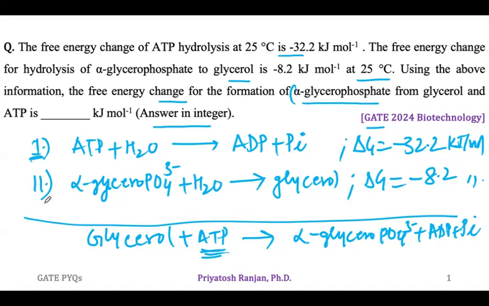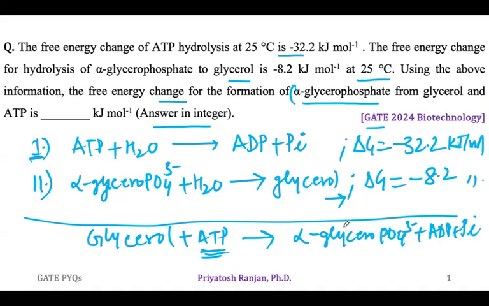However, in the second reaction, the value of delta G for this particular reaction, that is, the conversion of the glycerophosphate to the glycerol, is minus 8.2. However, in the overall reaction, they have asked to form alpha-glycerophosphate.